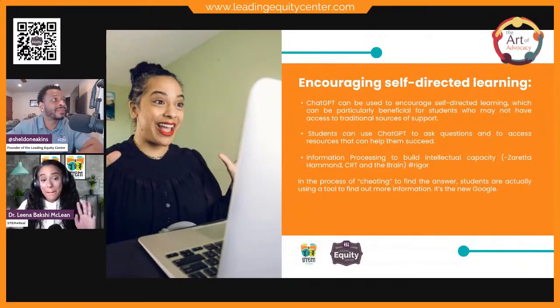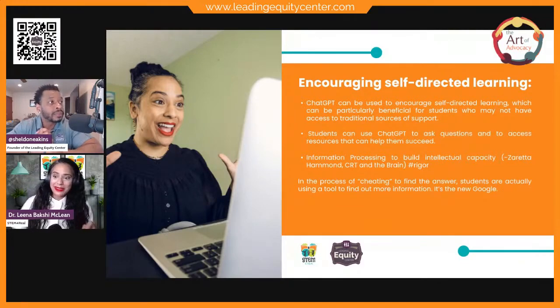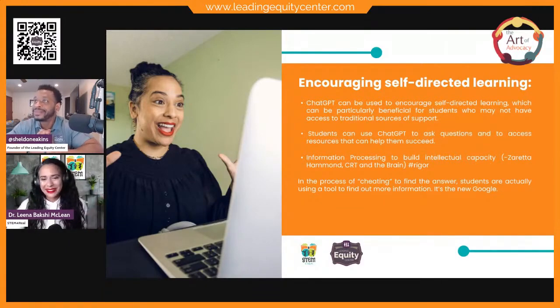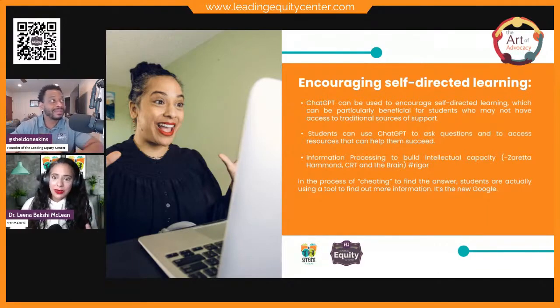So this is a big, big part of culturally responsive teaching that for some reason is not emphasized. When we think about culturally responsive teaching, all of a sudden people start talking about critical race theory, which has nothing to do with culturally responsive teaching. Same letters. However, the biggest part about culturally responsive teaching is igniting rigor and self-directed learning.